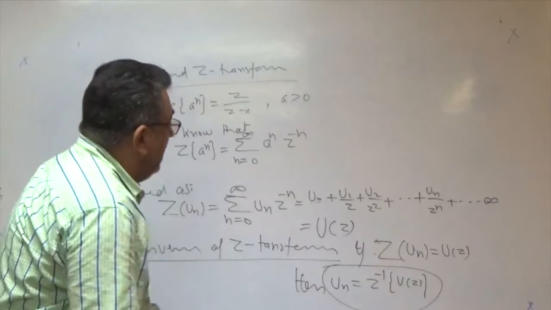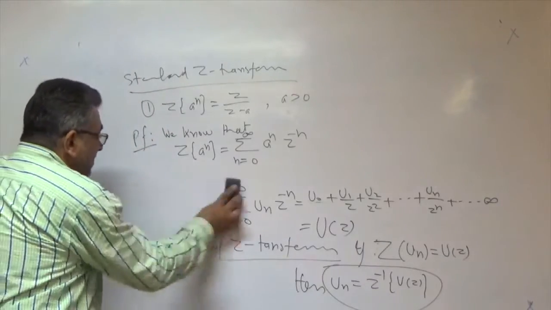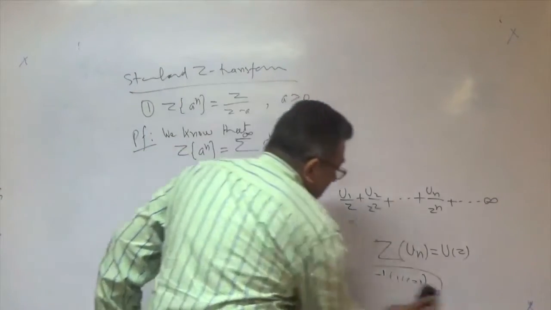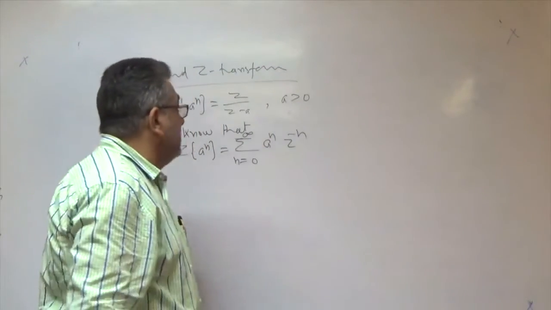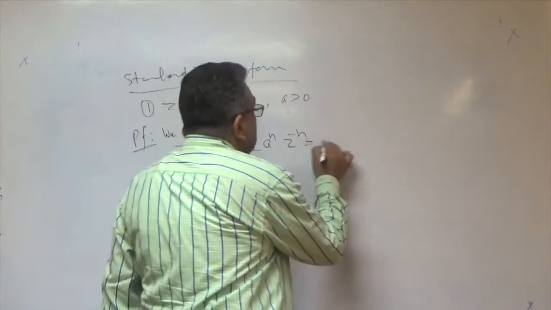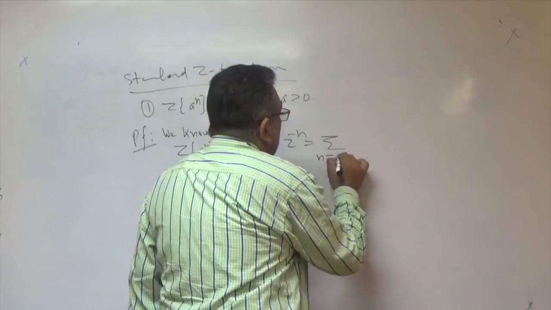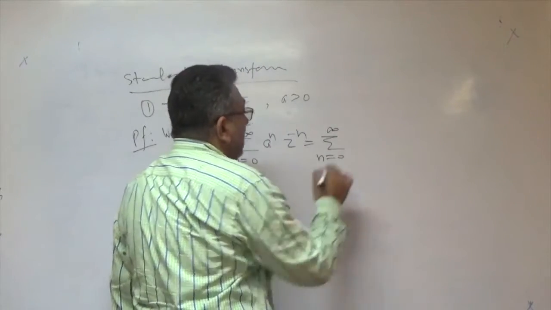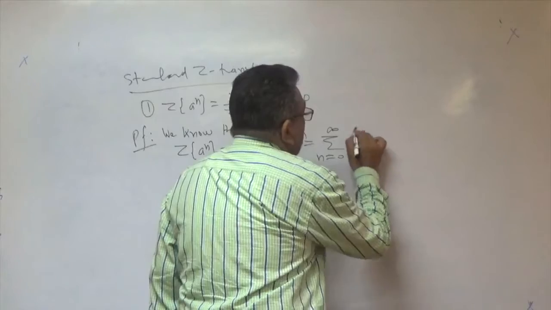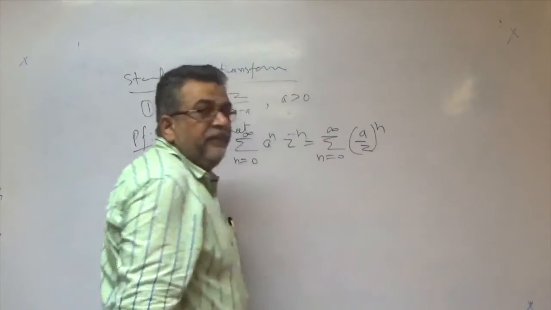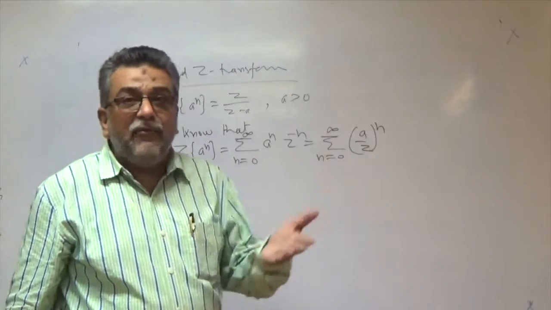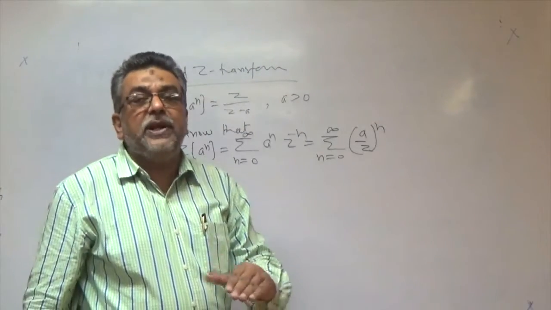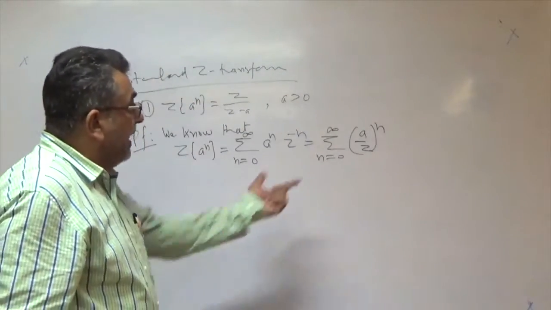Here you are taking a to power n as the sequence. Now this can be written as sigma n equal to 0 to infinity of a upon z, whole power n. Since z has a negative power, you take it in the denominator. After combining, we get this.